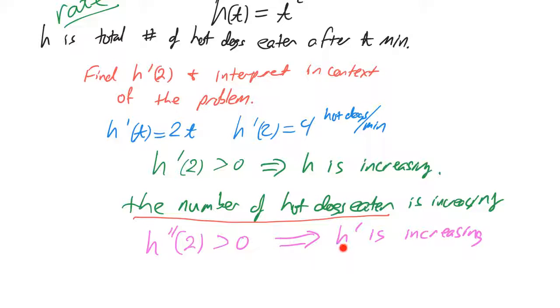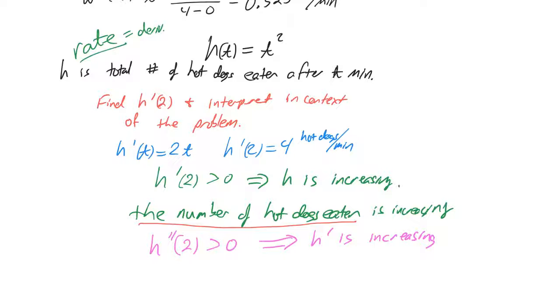So what are the words that describe h prime? We know that h prime is a rate, right? And so h prime is the rate at which hot dogs are eaten, in hot dogs per minute.